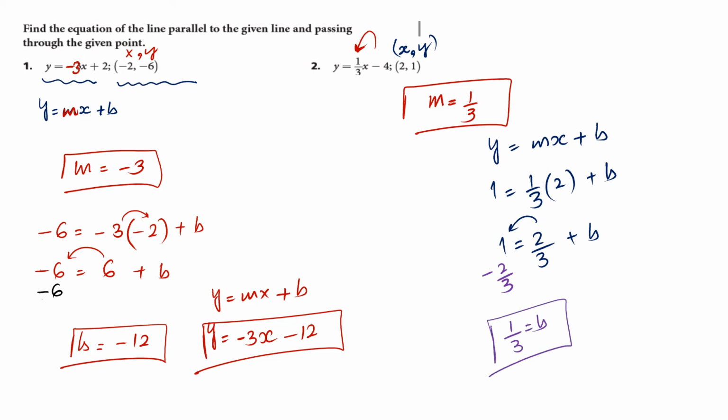Now we have the b value and the m value. Our equation will be y equals, m is 1 by 3, keep the x as it is, and b is plus 1 over 3. So that is how we will write the equation of a line that is parallel to the other line.